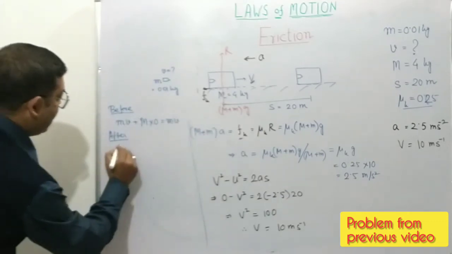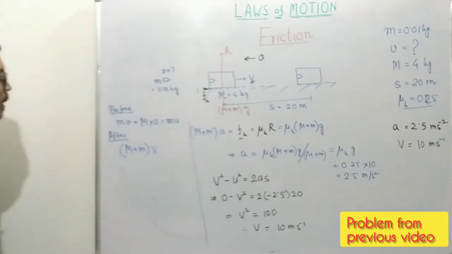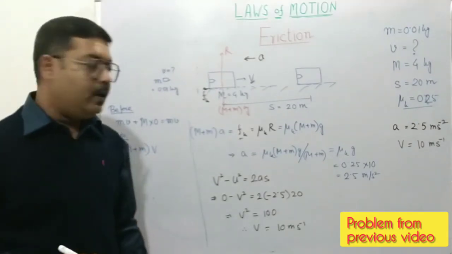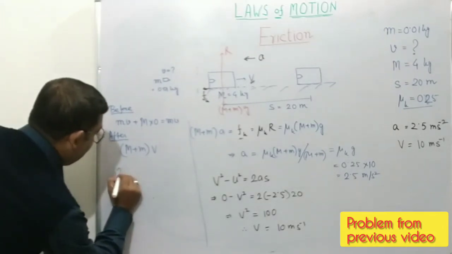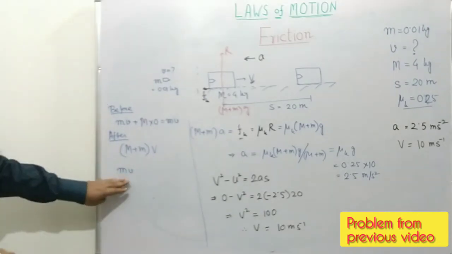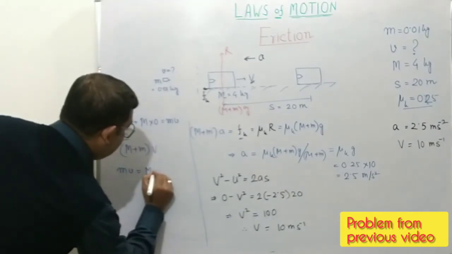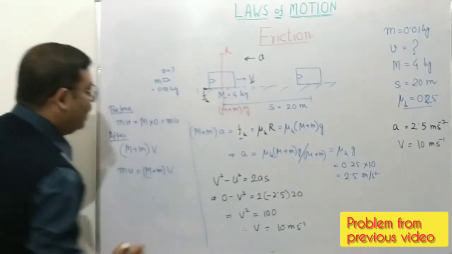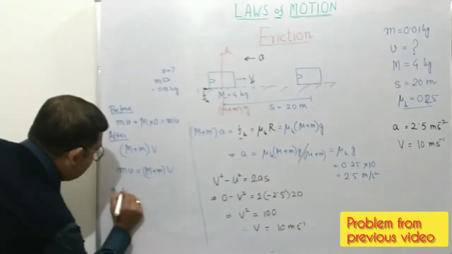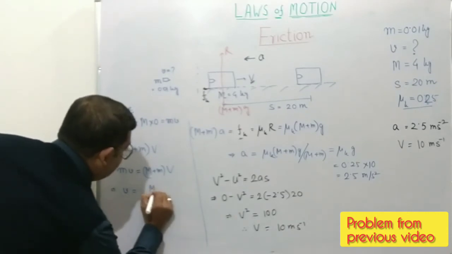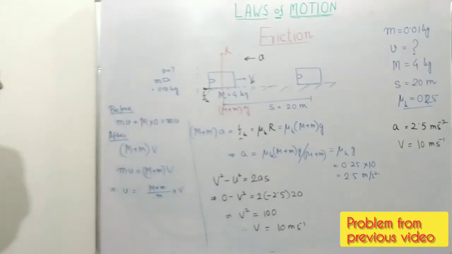We get that the net mass is M plus small m, and the whole system moves with a velocity V. So by the law of conservation of momentum, small m into small v, the total momentum before the event took place, must be equal to M plus small m into capital V, the total momentum after the event has taken place, which will give us small v as M plus small m by small m into V.